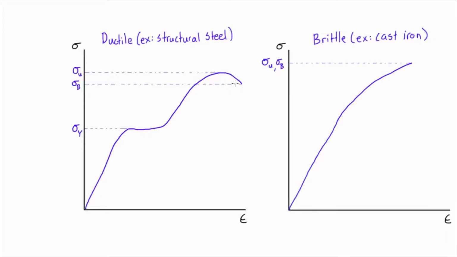Now, when students hear that we're incrementally applying an increasing tensile load, you kind of immediately jump to the conclusion that the load itself is the independent variable and the strain that's resulting is the dependent variable.